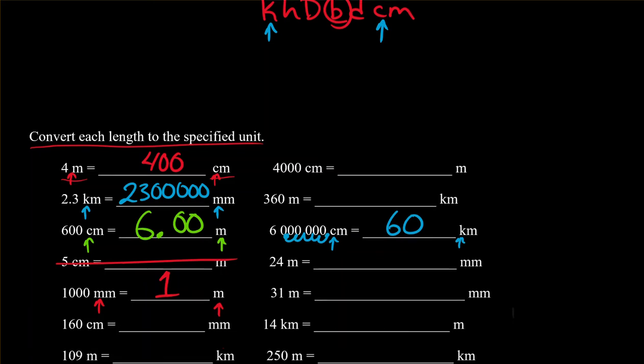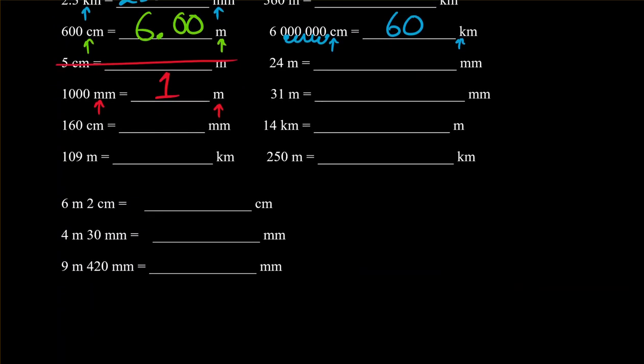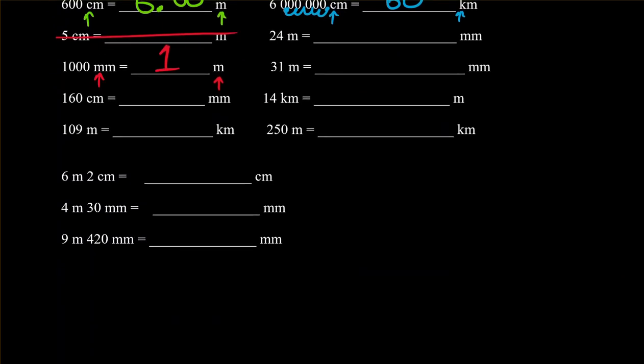Now, some of these are a little bit trickier. They're not that much trickier, but they are a little bit trickier. I'm just going to rewrite King Henry died by drinking chocolate milk, and circle the B. Just think of this as 6 meters, and then we're going to add on 2 centimeters at the very end.